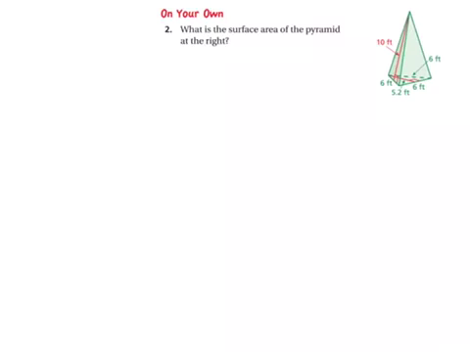All right, so for on your own number 2, it asks you, what is the surface area of this pyramid at the right? So again, you can draw a net if that helps you. But the biggest key here is to realize that the base is a triangle.